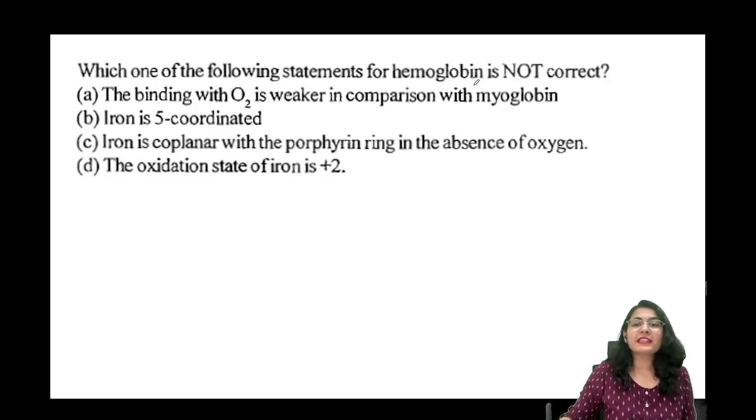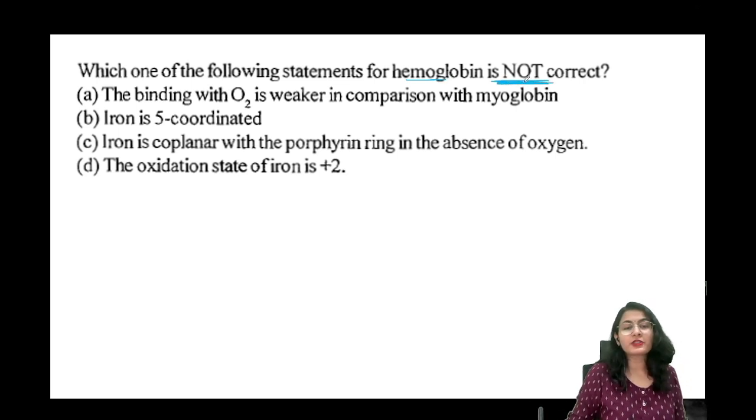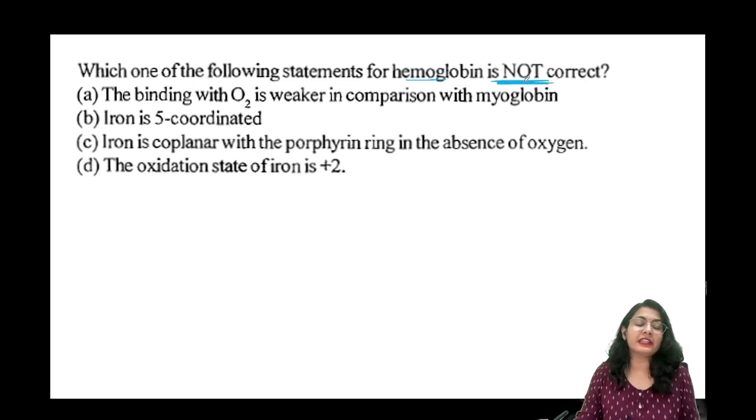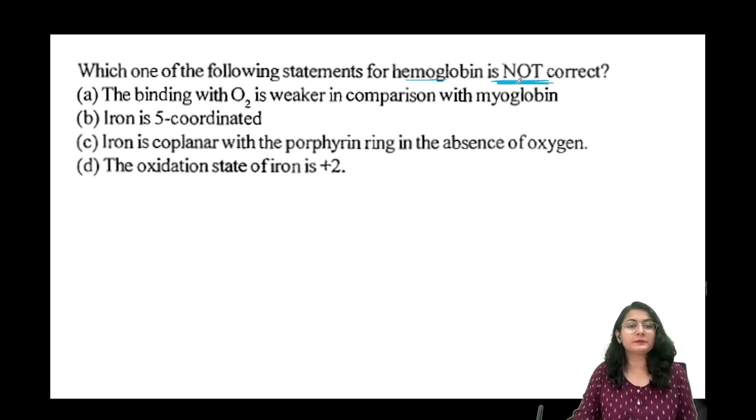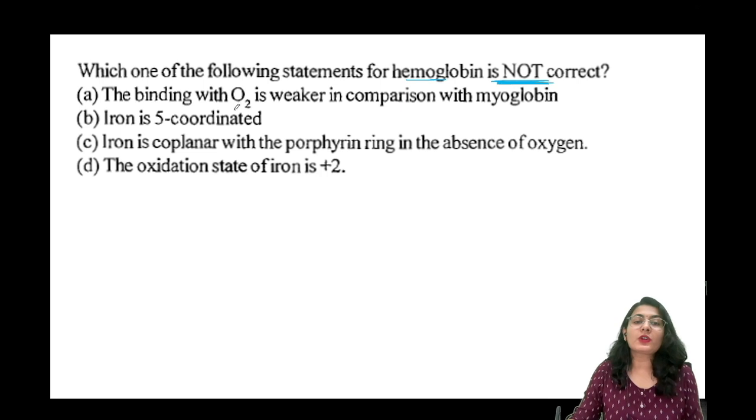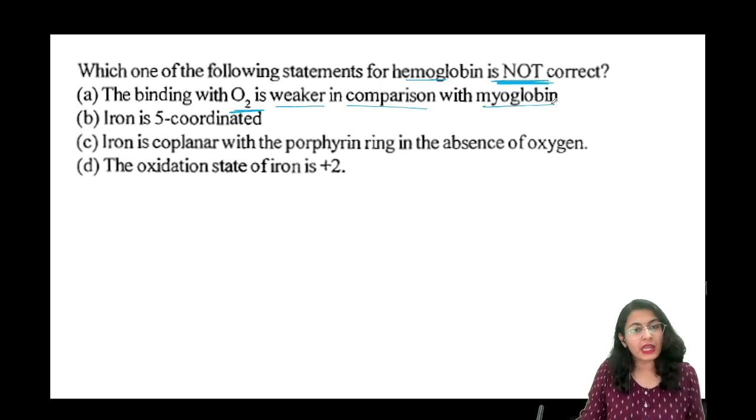Which one of the following statements for hemoglobin is not correct? Yes, guys, there are 4 options. Not correct is asked. Read it out. Alright, so the binding with oxygen is weaker in comparison with myoglobin. This is correct. Iron is penta-coordinated, 5-coordinated.